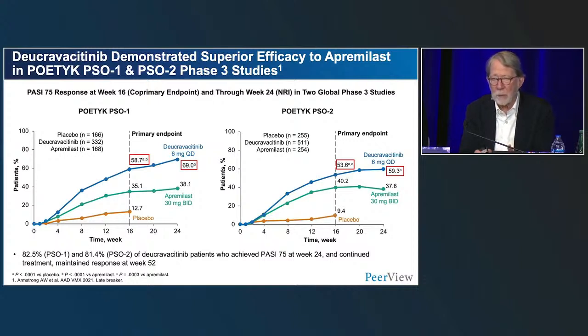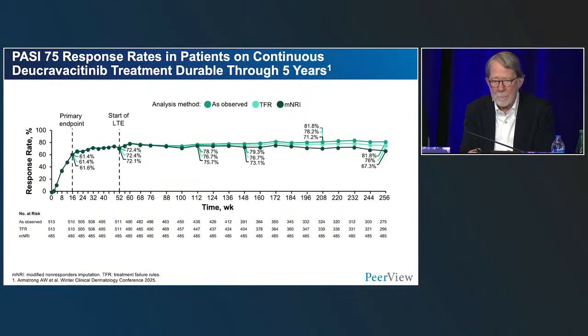So clearly effective in skin response and separated from both apremilast and placebo. Also, through the psoriasis program, because it was started earlier, we have long-term data. This is out through 5 years, showing results of achievement of PASI 75 and sustainment of that through that interval of time.